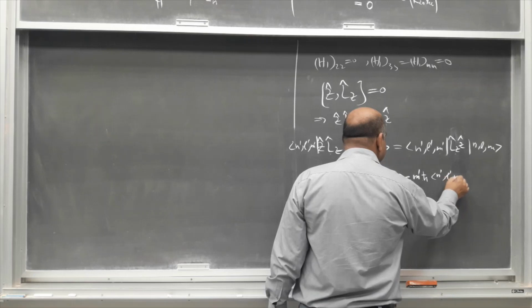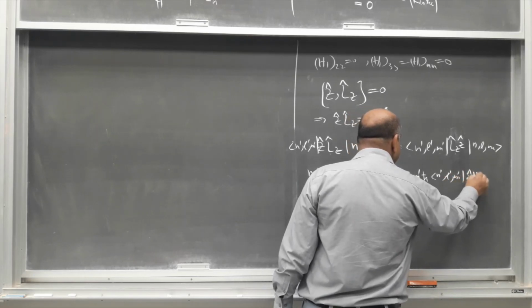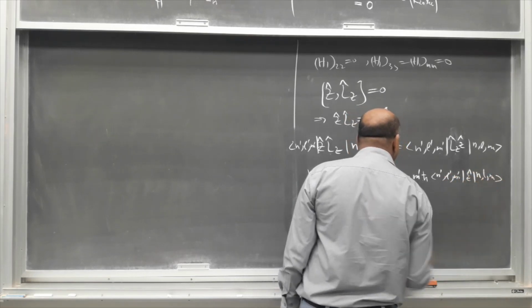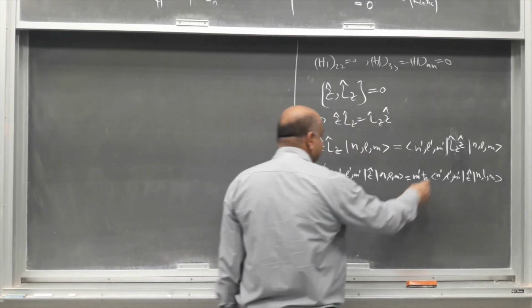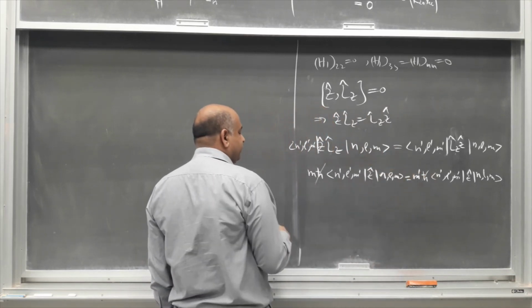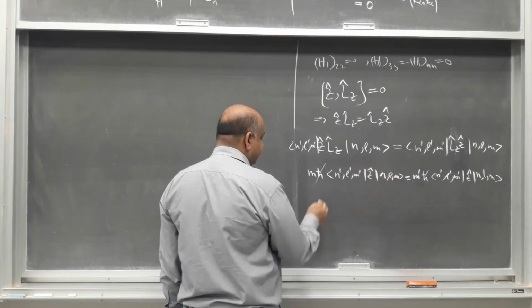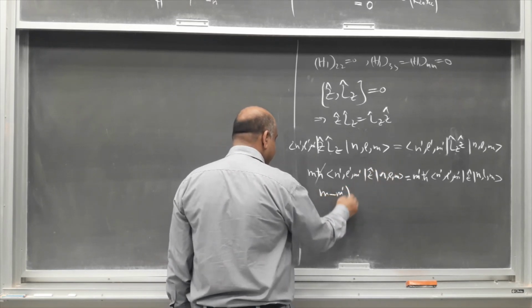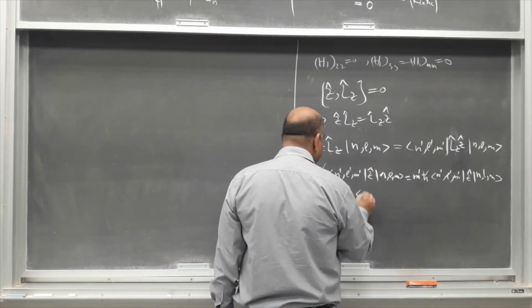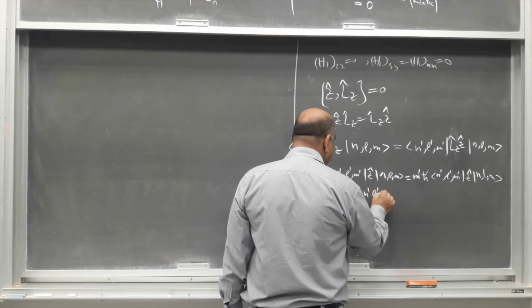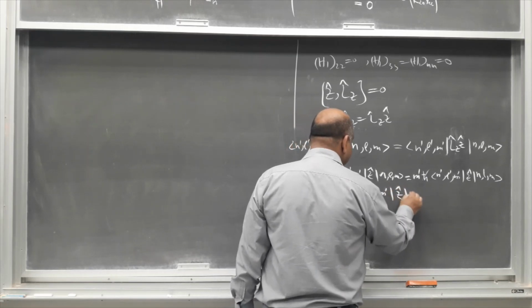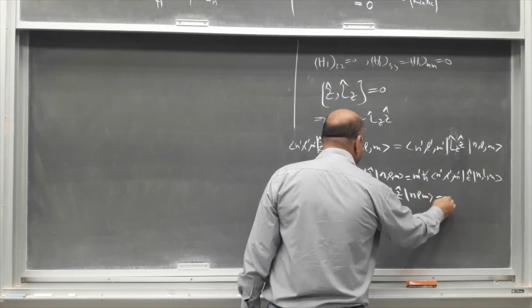So this h bar cancels from both sides. If you bring it on this side, this and that term are the same, so we get (m − m') times ⟨n' l' m'|Z|n l m⟩ equal to 0.